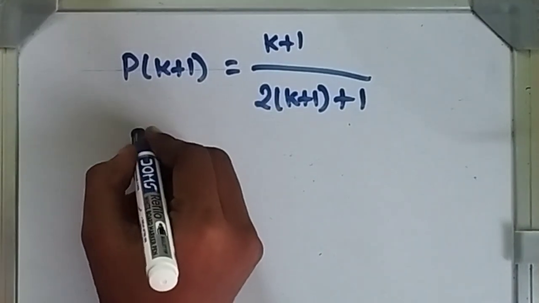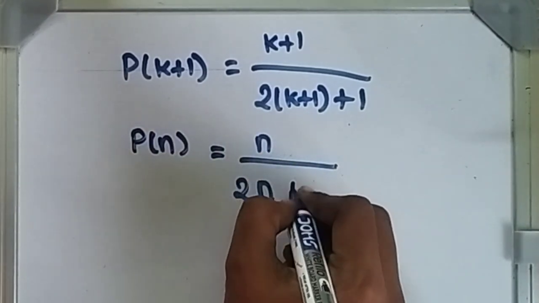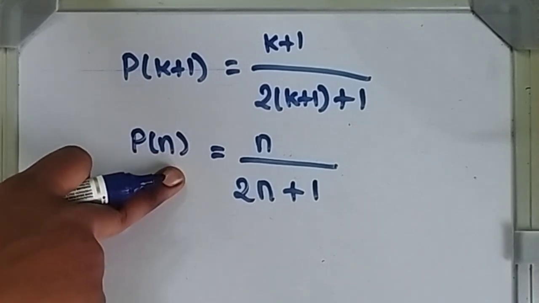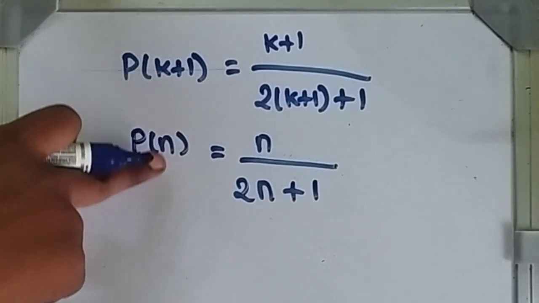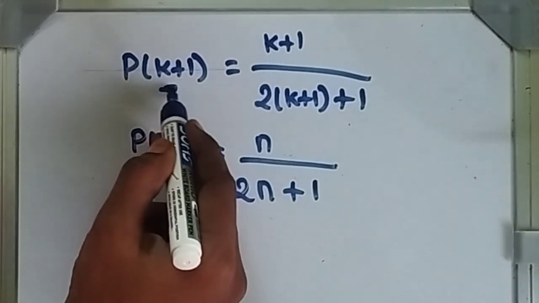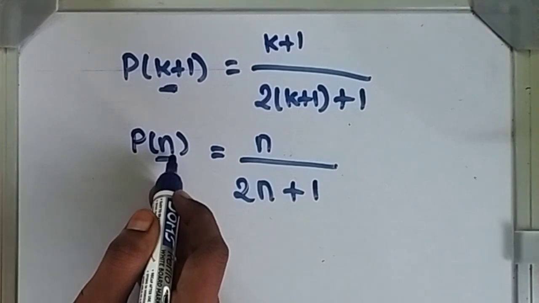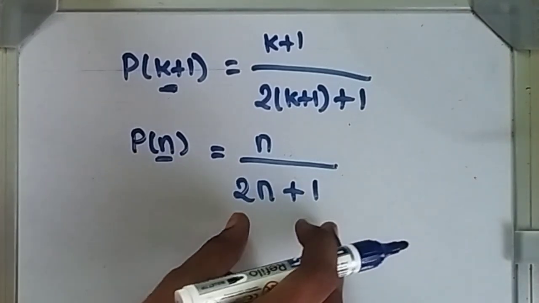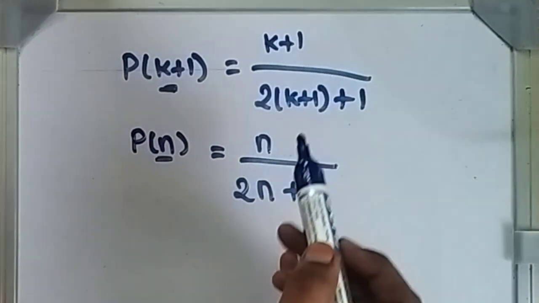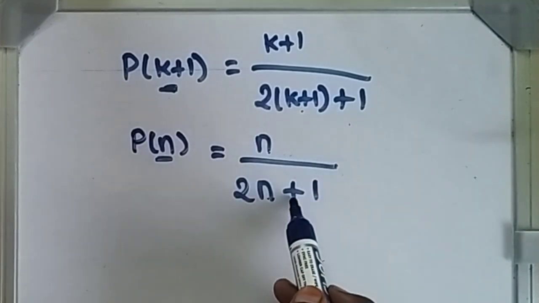So what is p of n? P of n is n divided by 2n plus 1. By comparing both of them, this equation is true for n equals k plus 1. So see, what is n here? What is here? k plus 1. If we put k plus 1 instead of n, this equation will become like this only. The numerator n will become k plus 1, in the denominator 2 remains the same, and n will become k plus 1 plus 1.